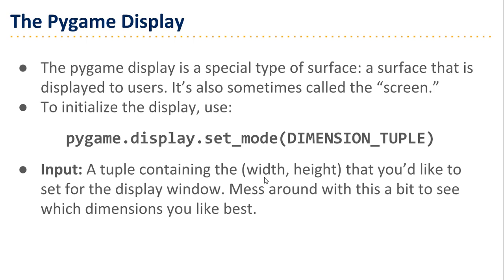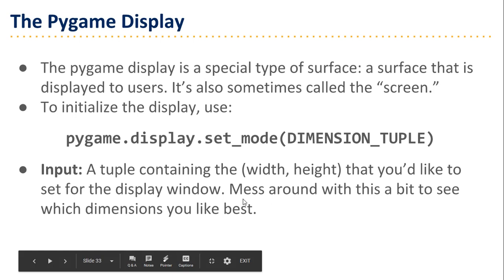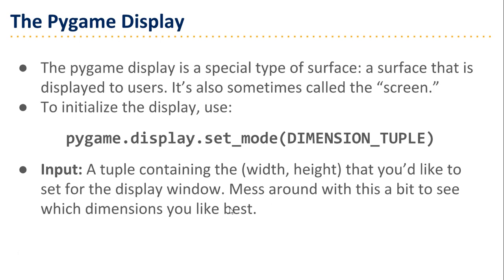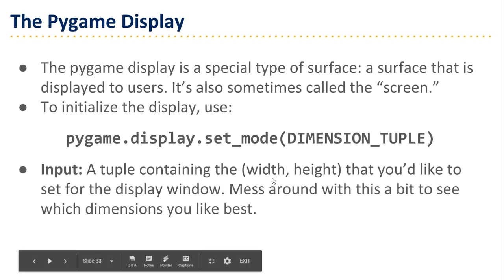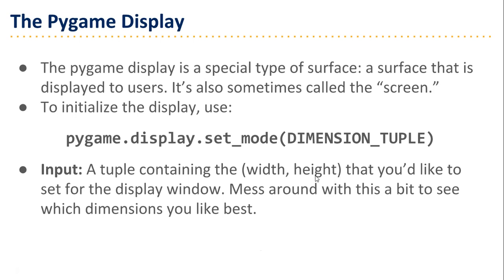It's a window, and you can choose what size you want the window to be. I would just recommend messing around with this and seeing which dimensions you like best. You want a big window, a small window, depends on your game. The particular dimensions also depend on your machine. I've noticed that 1,500 for the width and 500 for the height works on my machine. You can start with that maybe, and if it gives you a weird dimensionality, just change things until you find something you like.